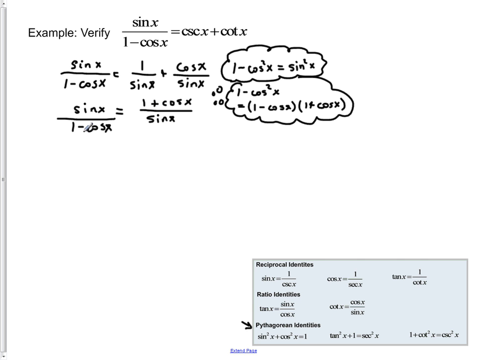Now, I can't multiply both sides by some quantity to make that happen. So instead, what I'm going to do is on my left-hand side, I'm going to multiply the numerator and denominator by 1 plus the cosine of x. So I'm going to take 1 plus the cosine of x times the sine of x in the numerator. And in my denominator, I'm going to take 1 plus cosine of x and multiply it by 1 minus cosine of x.